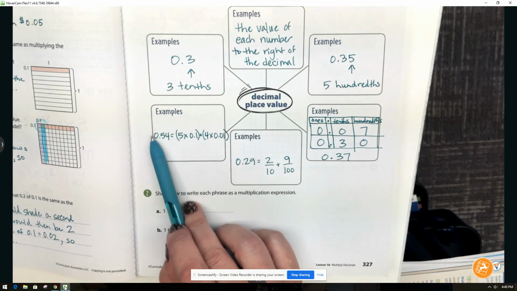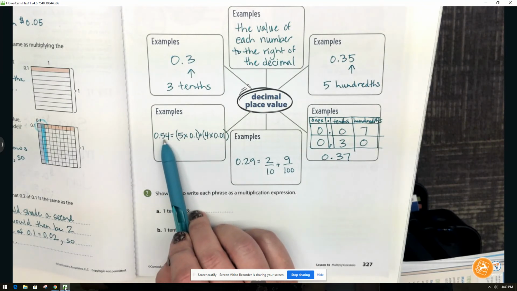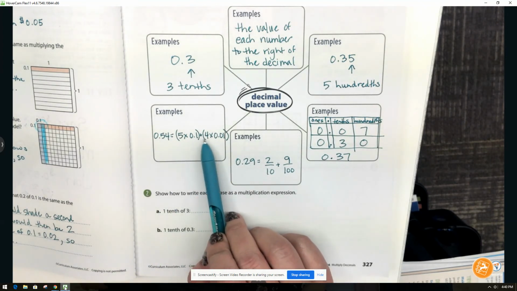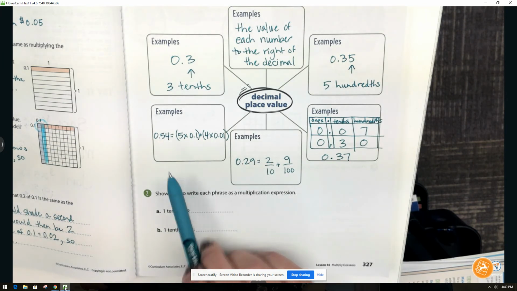If we had 54 hundredths, that's the same as saying 5 times 1/10, which would put the 5 in the tenths place, plus 4 times 1/100th, because there's a 4 in the hundredths place.